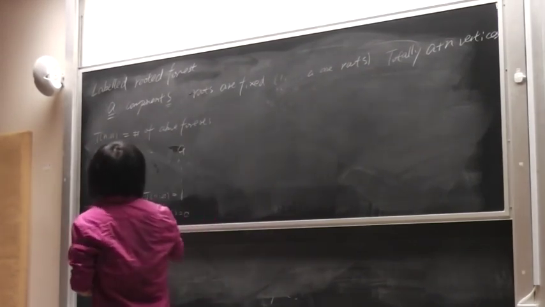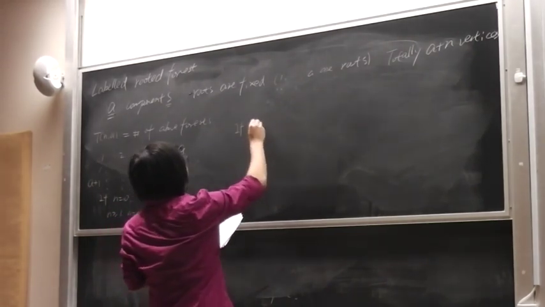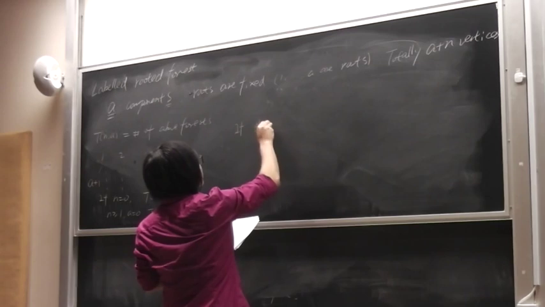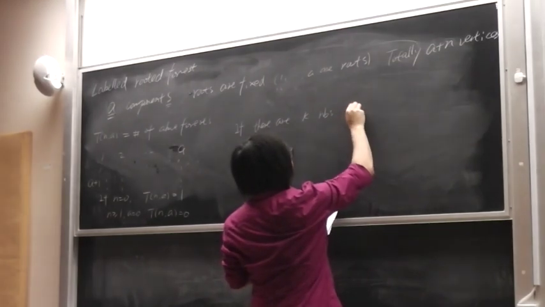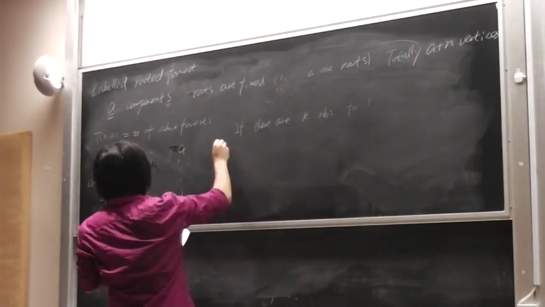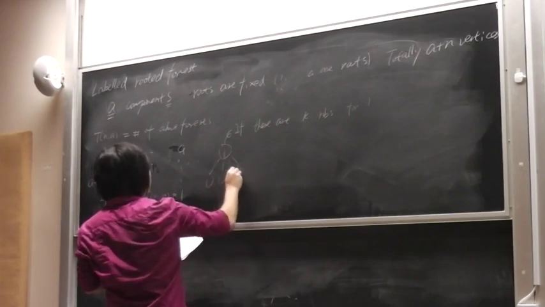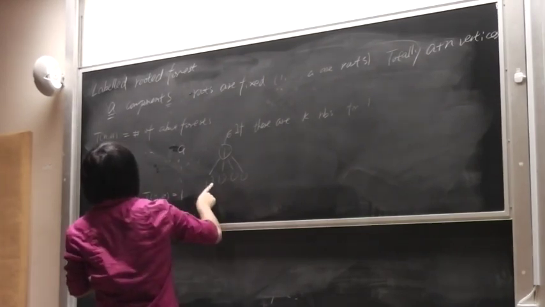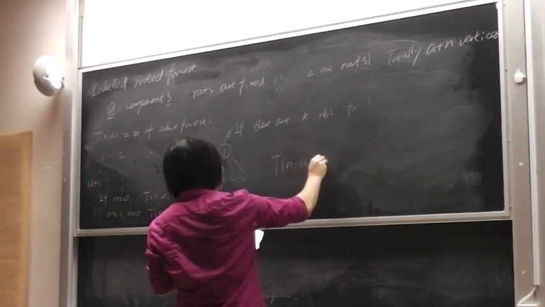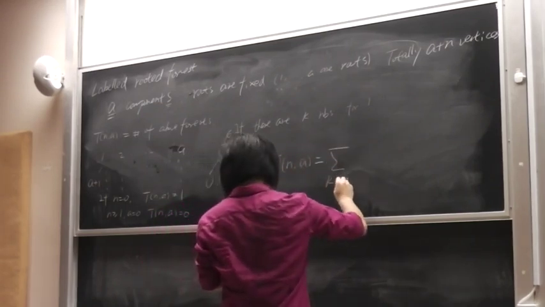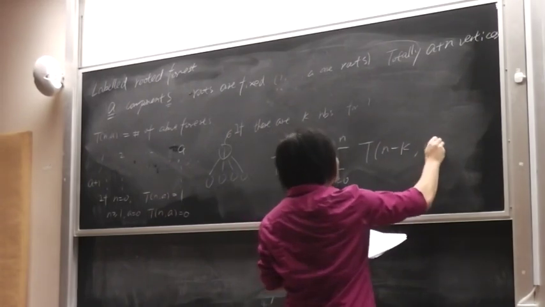So now let's consider the neighbors of 1. If there are k neighbors, then we can delete 1, and for each neighbor, we let them be roots. So this means TNA equals a summation k from 0 to n, T n minus k, a plus k minus 1.